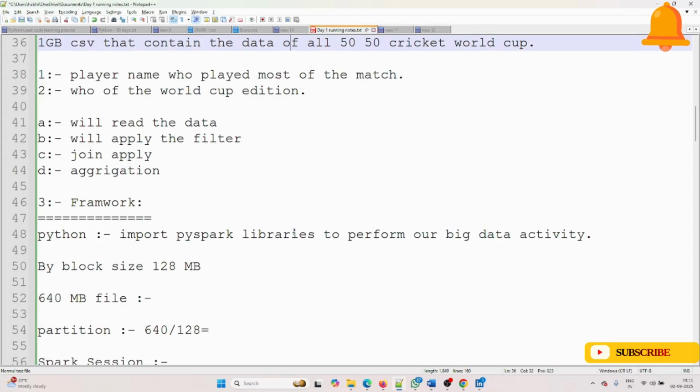If I have only 16 GB RAM and two cores, is it possible to manage the 1 GB CSV data? No. In a single computer, memory and CPU are limited.